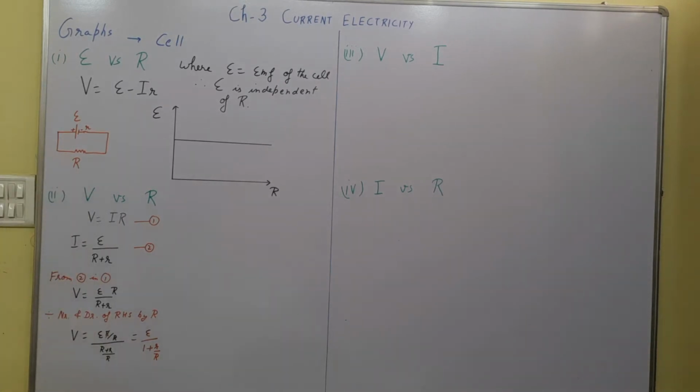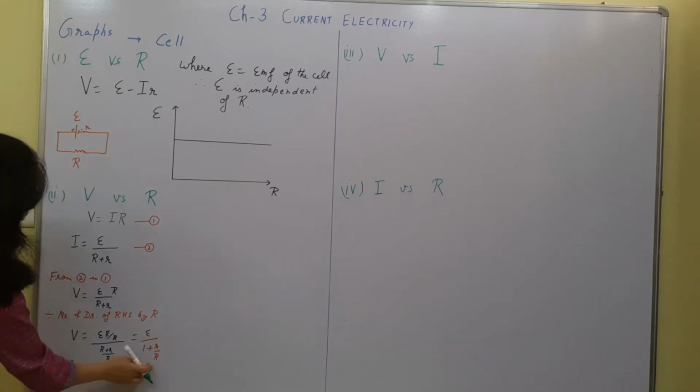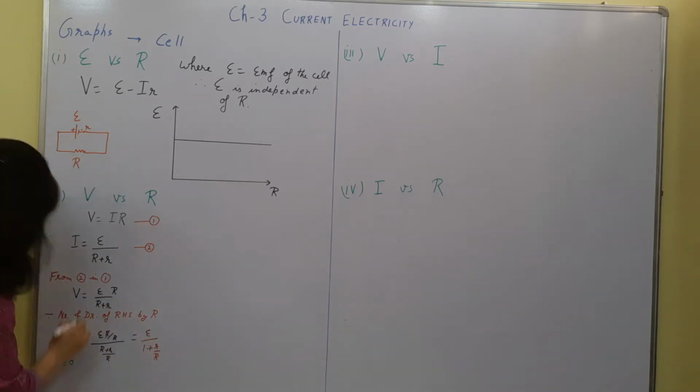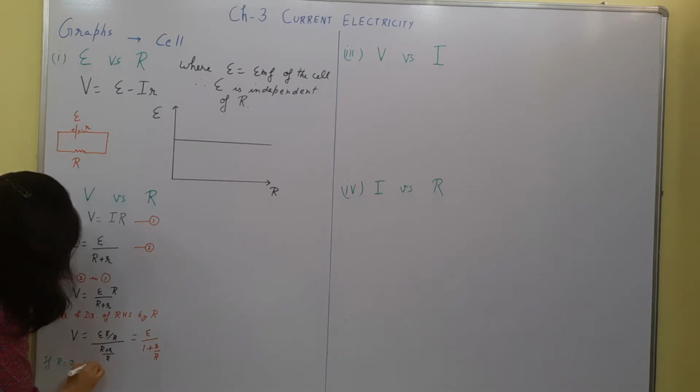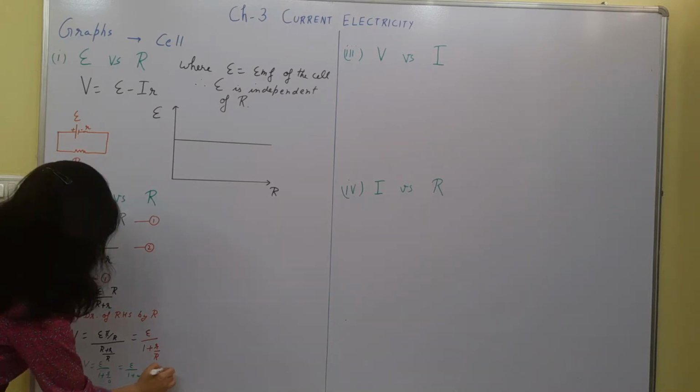If R is equal to 0, what will happen? Then this will be something upon infinity, which is 0.